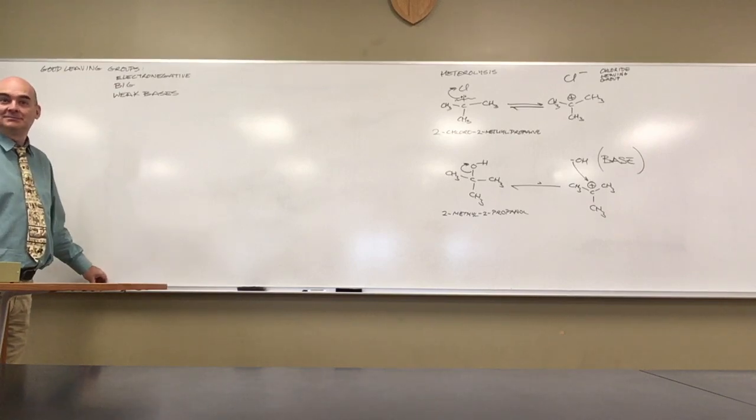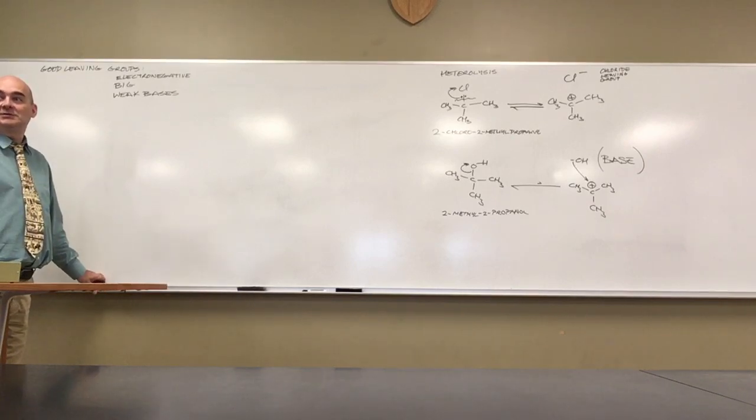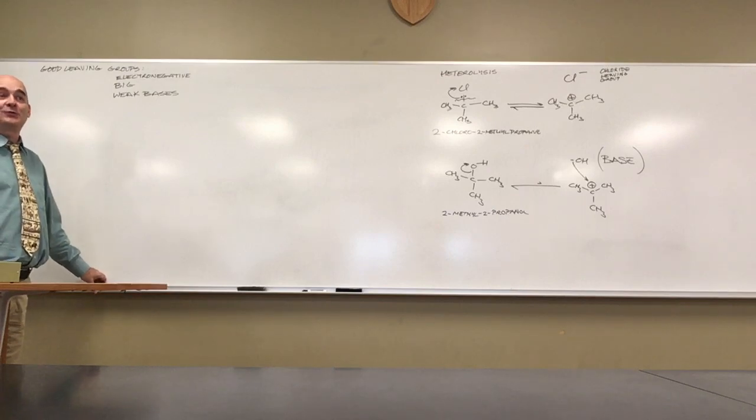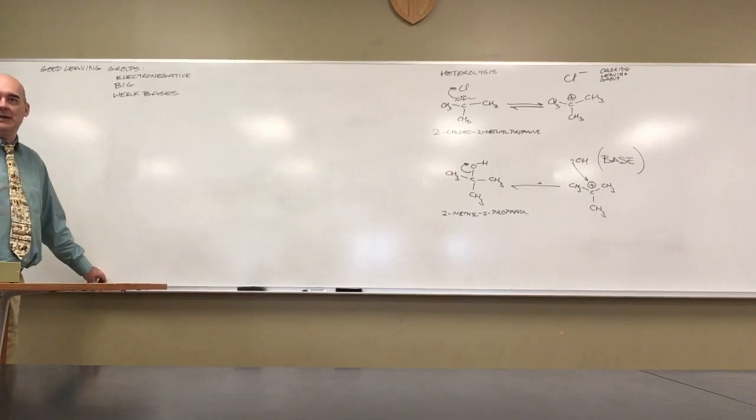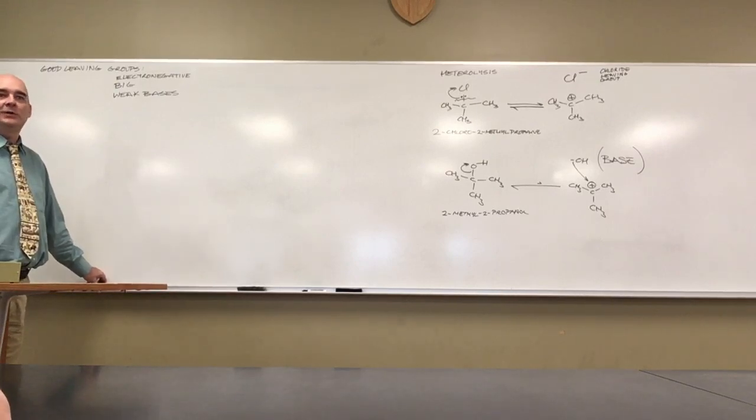Economics. There's only one base, and it's the cheapest one, and it's the best one. Sodium hydroxide is the cheapest base, and it is the best base. It becomes a monopoly, and at that point we don't need to talk about it.